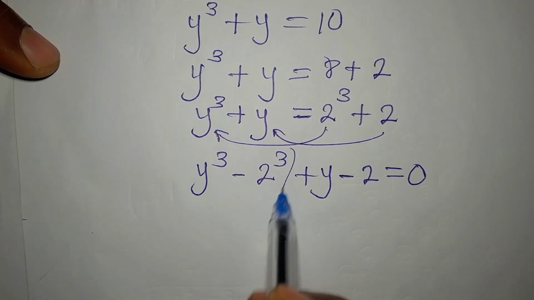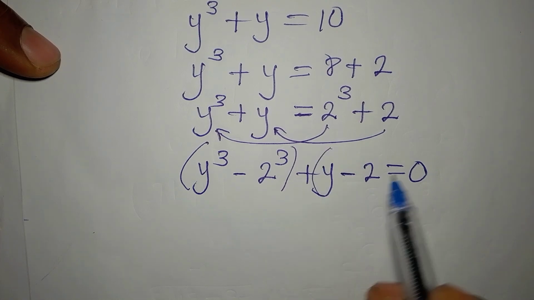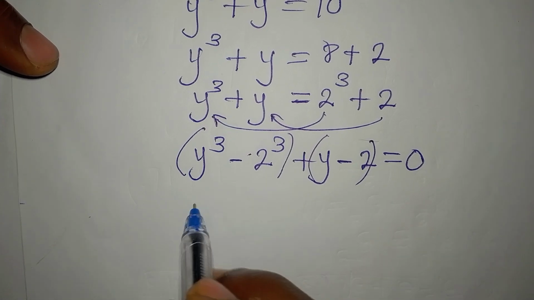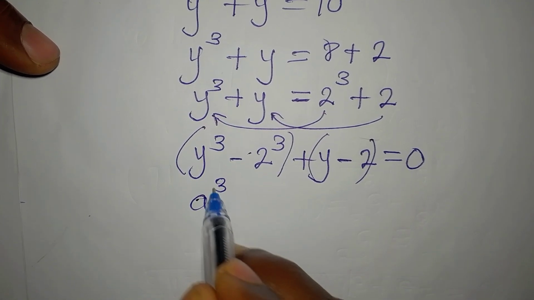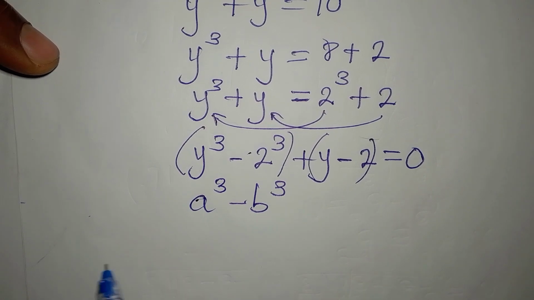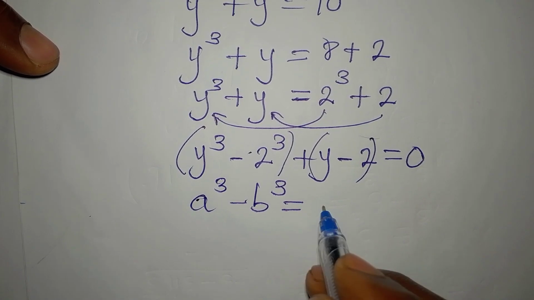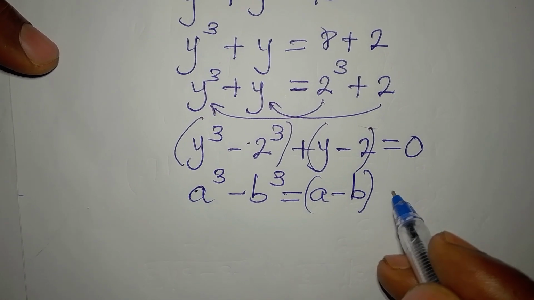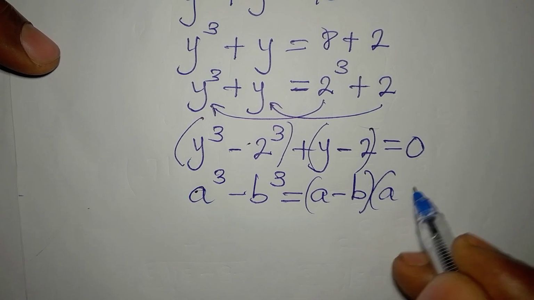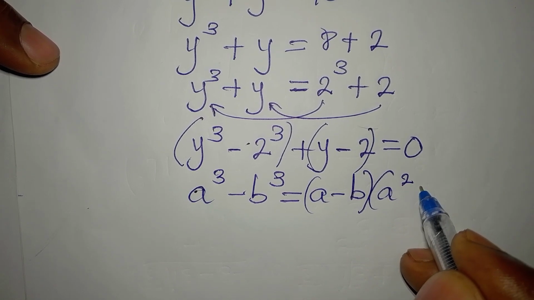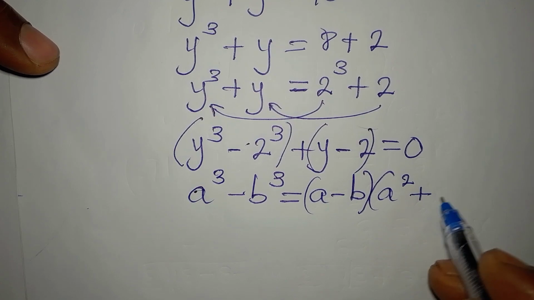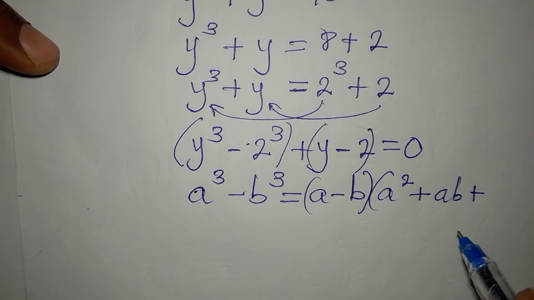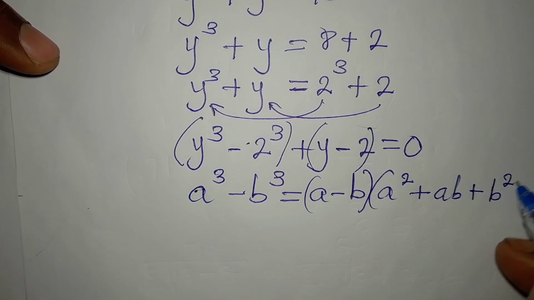Now from here we're going to apply difference of two cubes for this particular one, because if there is a to the power of 3 minus b to the power of 3, we believe that this is equal to a minus b into a squared plus ab plus b squared, right?